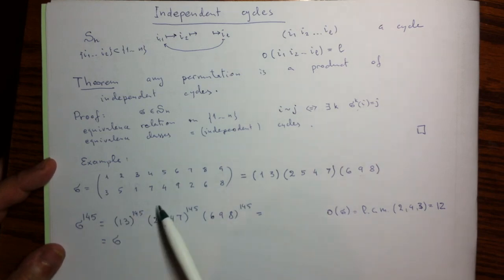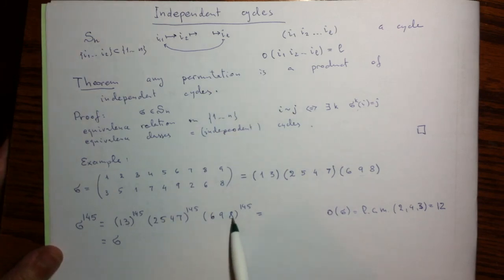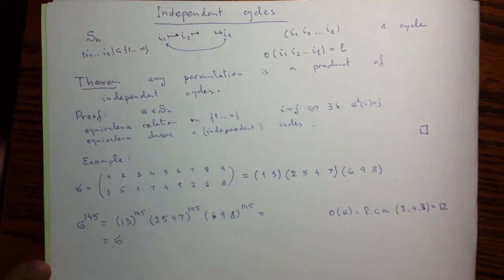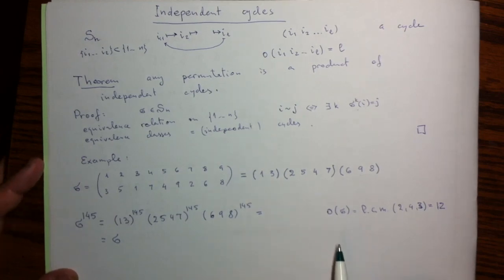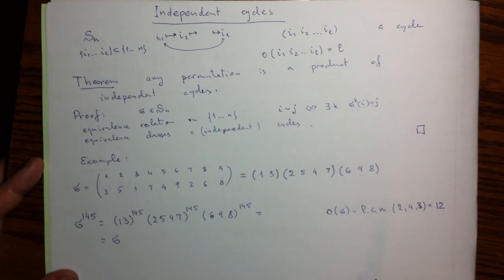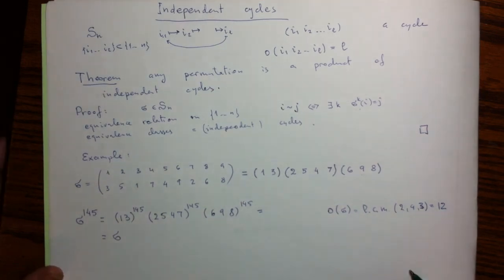That iterate will be just the transposition 1,3 itself. That power will be just the 4 cycle, and so it is for the 3 cycle. That power for the 3 cycle will be just the original 3 cycle. So altogether you'll have your sigma back. That's one reason why orders of permutations could be good to know. That's it for today. See you later.